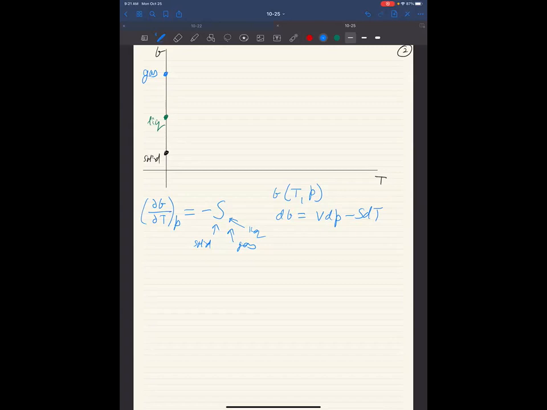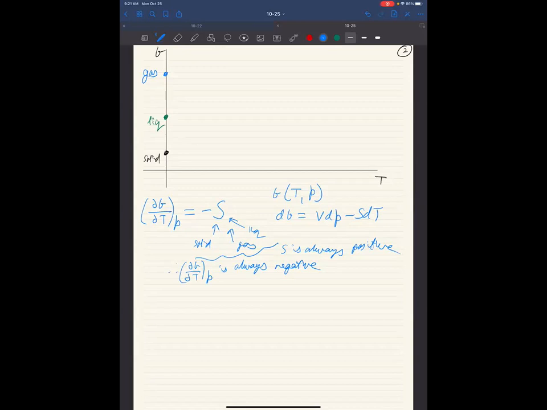Sorry, S is always positive. This means that partial G by partial T at constant P is always negative, right?